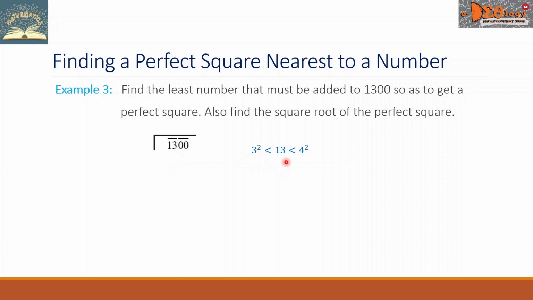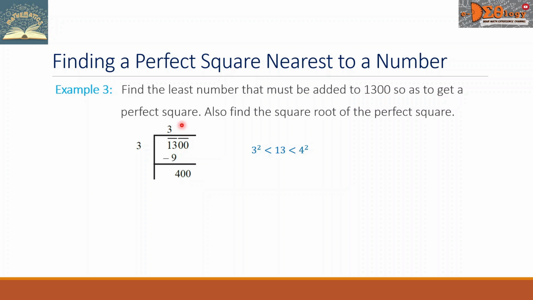The number 13 is in between 3 square, which is 9, and 4 square, which is 16. So we use this small number in here, the number 3. So the square root of 13 is 3. 3 times 3 is 9. When we subtract, the answer is 4. We bring down the 2 zeros.